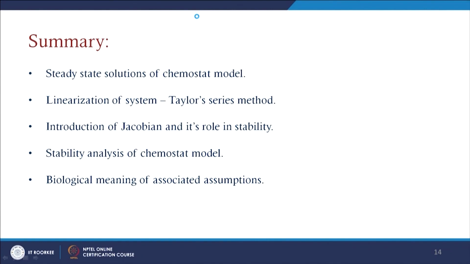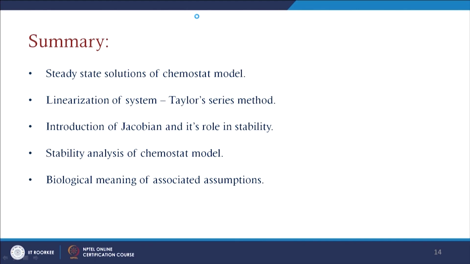So, in this lecture we have discussed the steady state solutions of a chemostat model. Then we linearized this model using the Taylor series method, and for this linearization we also introduced the Jacobian to find the stability of this system, and its role in stability we have discussed.